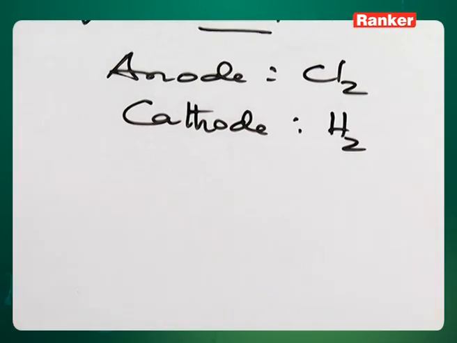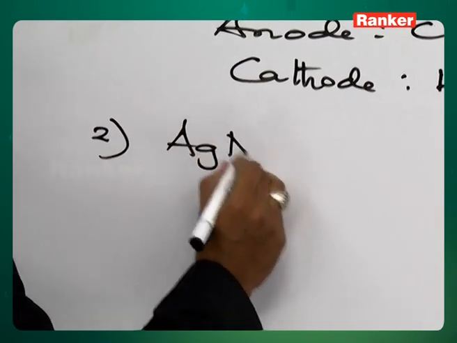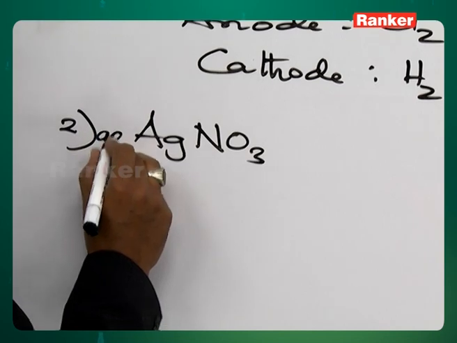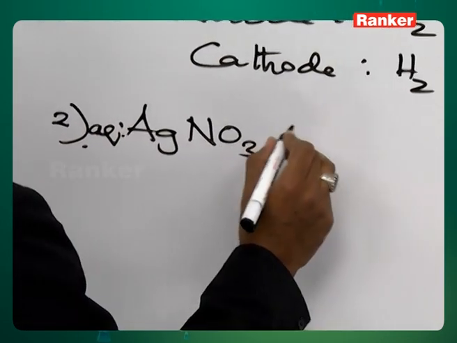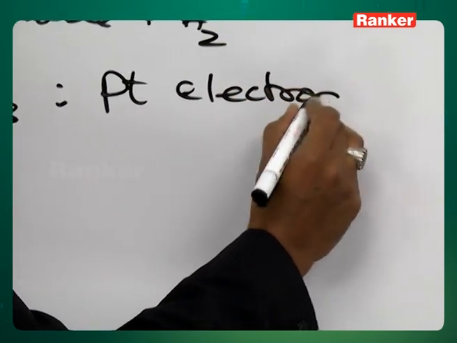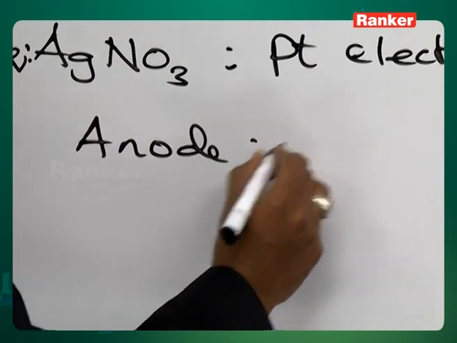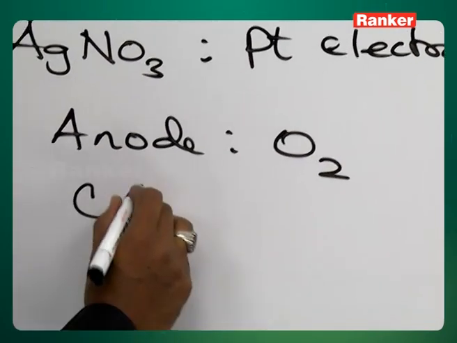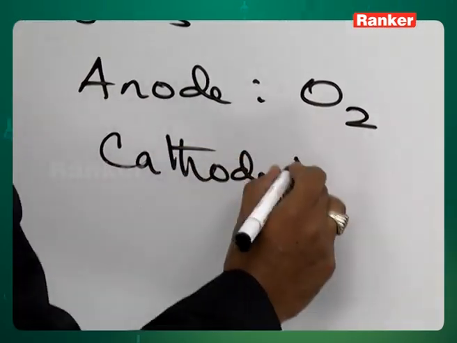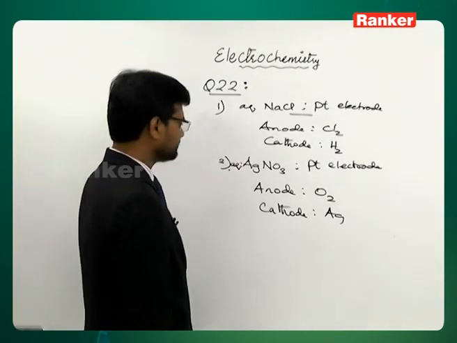So this cannot be the answer. Next, aqueous AgNO3, platinum electrodes. At anode, this will produce oxygen. At cathode, this will produce Ag. Ag plus becomes Ag. So this cannot be the answer.